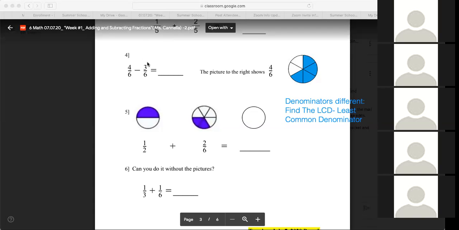All right. So how am I going to get the 2 to become a 6? What do I do to go from 2 to 6? You do 2 times 3 equals 6. Okay. Keep going. And then 1 times 3.